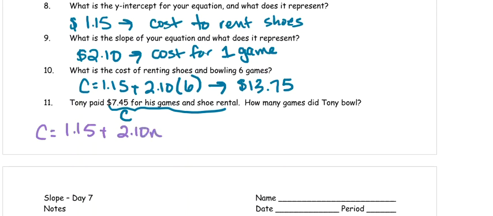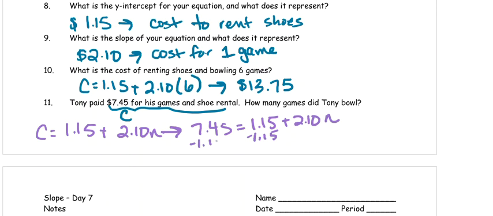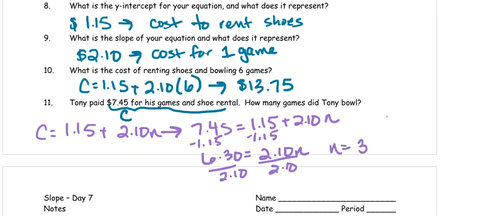So we now know C. So we're just going to do 7.45 equals 1.15 plus 2.10n. Subtract 1.15 from both sides, and that gives you 6.30 equals 2.10n. Divide by 2.10, so n equals 3. So how many games? 3 games.